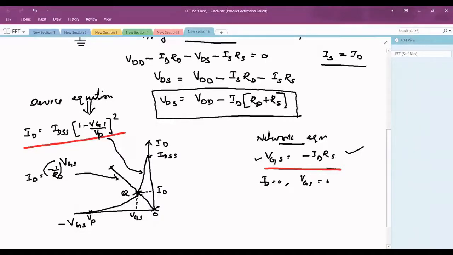Both these equations are valid on the transfer characteristics at one point, and that point will be our operating point. So this is the DC analysis of the FET self-biased circuit.